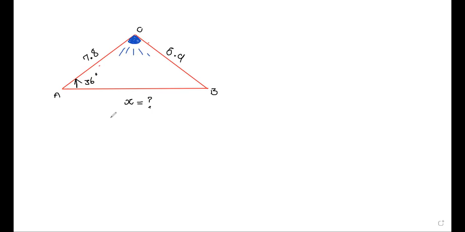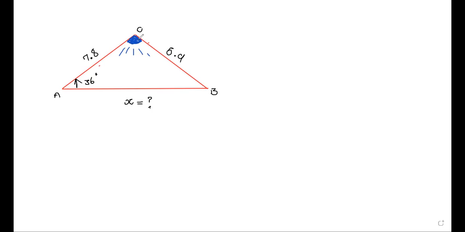Then as a result, if I want to find the length of AB, what am I expected to find? Yes, you want to find the angle C. That's right, which is facing it. Now, in order to find this, wait a minute. How can I find it possibly?